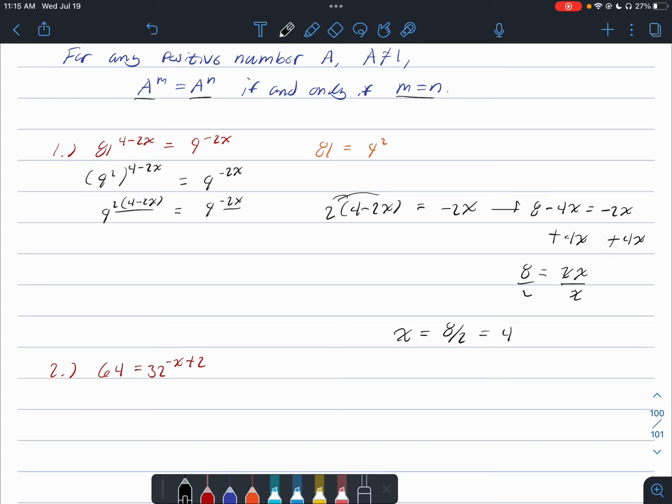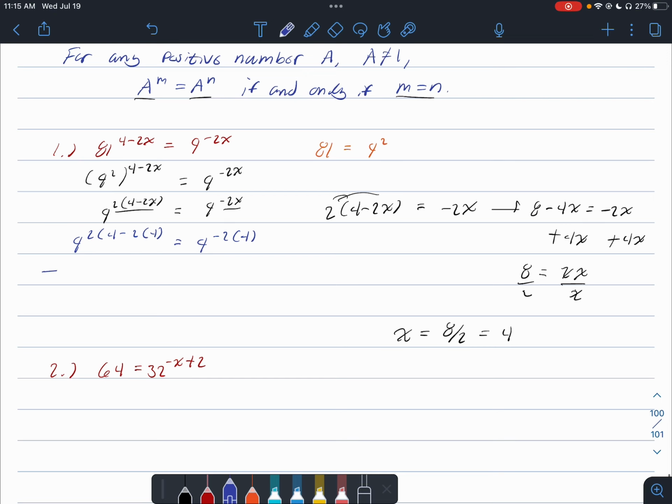Okay, so let's go ahead and plug this back into the part where we have the common base. If we plug in x equals 4, we will have 9 to the 2 times 4 minus 2 times 4, which should be equal to 9 to the minus 2 times 4.